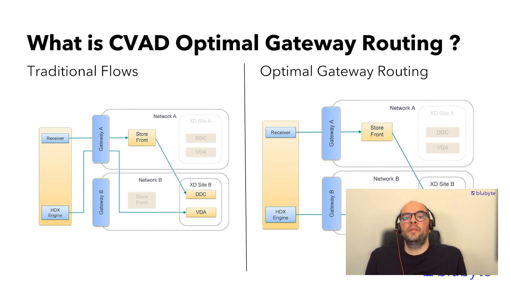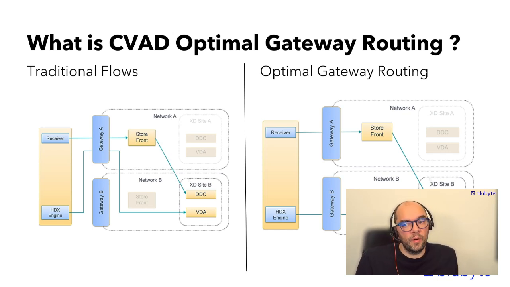And then in this example, the desktop delivery controller of site B will point the user to a VDA in site B. In the traditional way of working, the session will be set up over gateway A, because that's where we authenticated, to the VDA in site B.